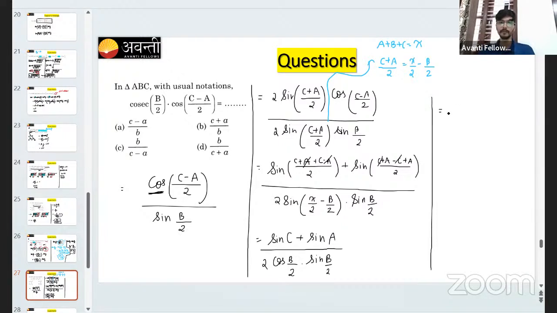That means on top I got sin c plus sin a, and below it is sin b.